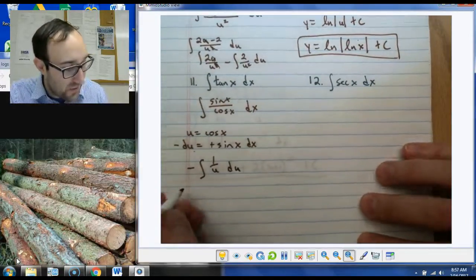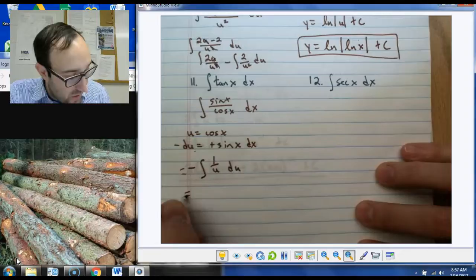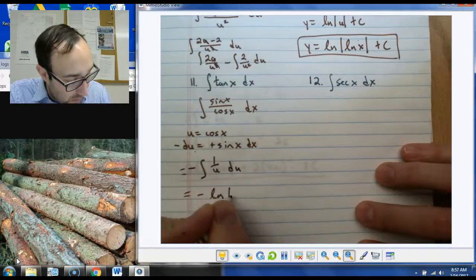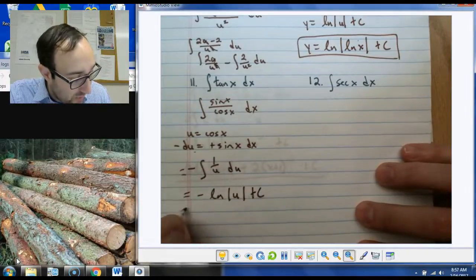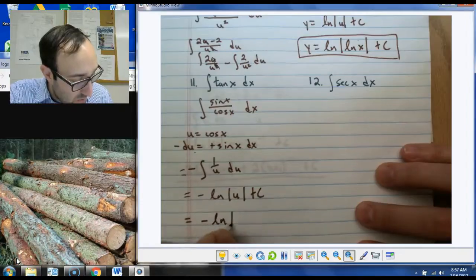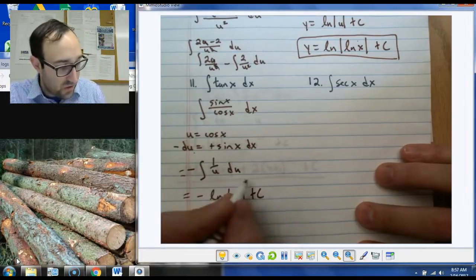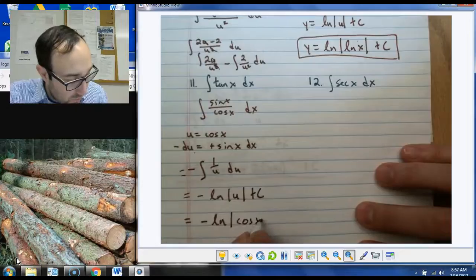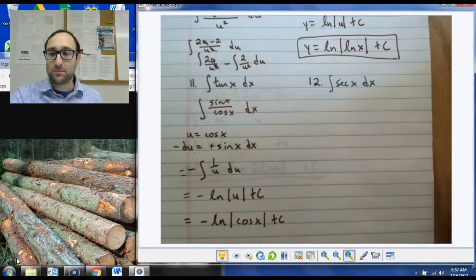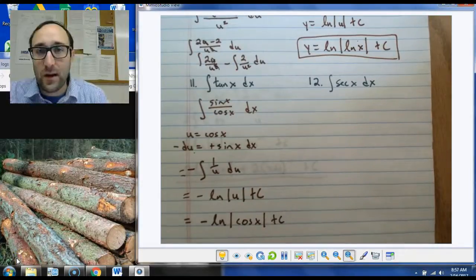Okay, so now that's going to be negative natural log absolute value of u plus c, which equals negative natural log absolute value of cosine x plus c. And there you have it.